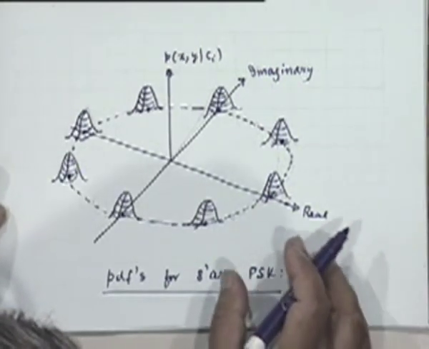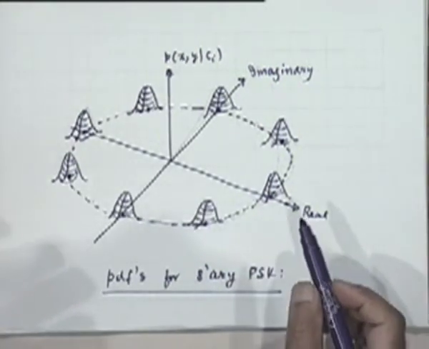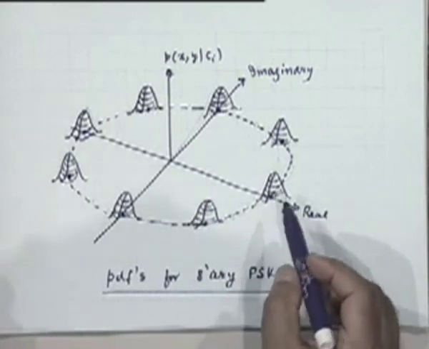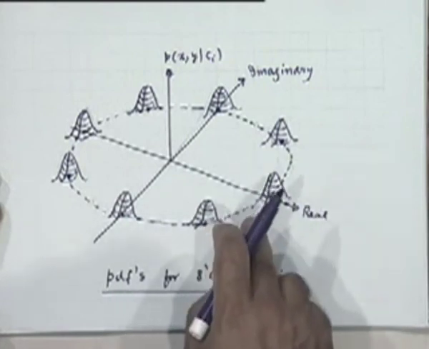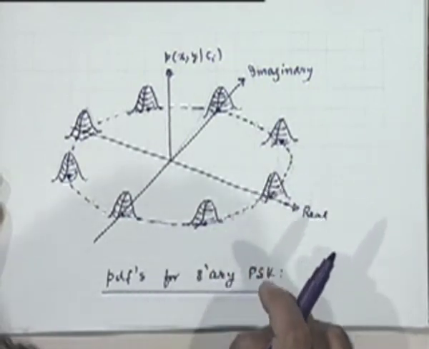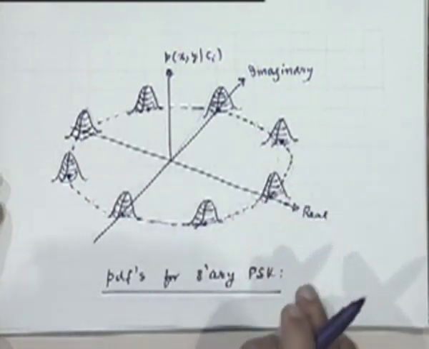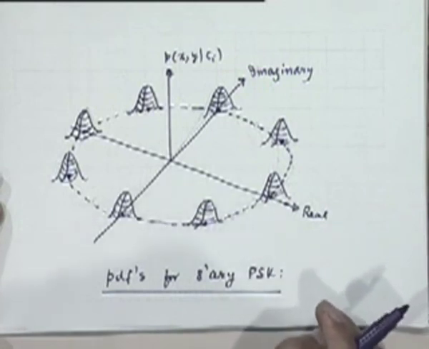And what we have to understand now is how we will do the error calculation for this kind of situation. Of course, I will do this exercise simply for 8-ary PSK. I will just tell you the result for general two-dimensional modulation schemes.